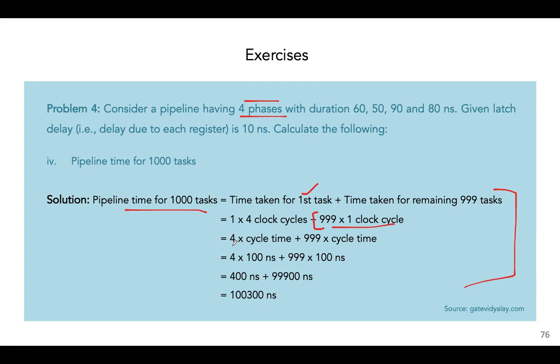So 4 into cycle time plus 999 into cycle time, 4 into 100 nanoseconds. This is just what we computed in the first part of this problem.